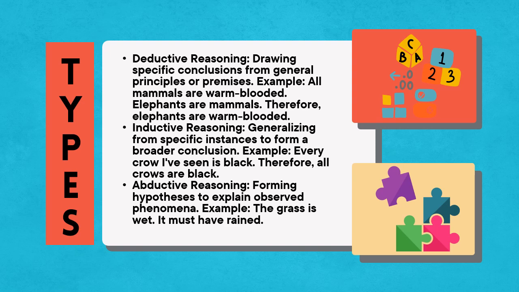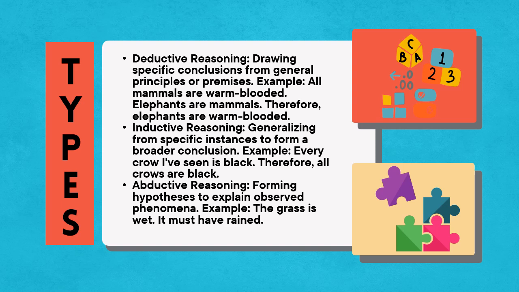But if we analyze this example with the premise that every crow I have seen is black, then which crow you have not seen, you're also considering that crow black, right? So one observation you have here is that every crow you have seen has been black, and the generalization you made based on this observation is that all crows are black.